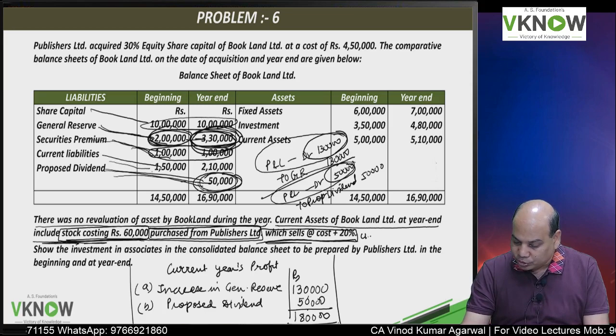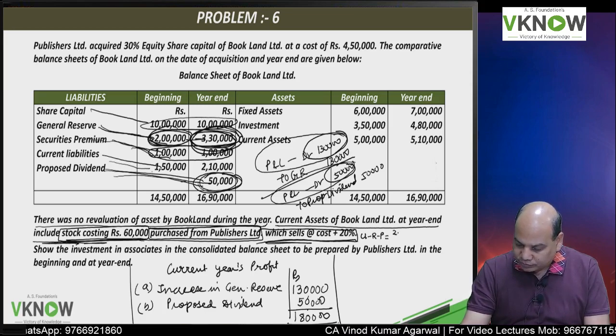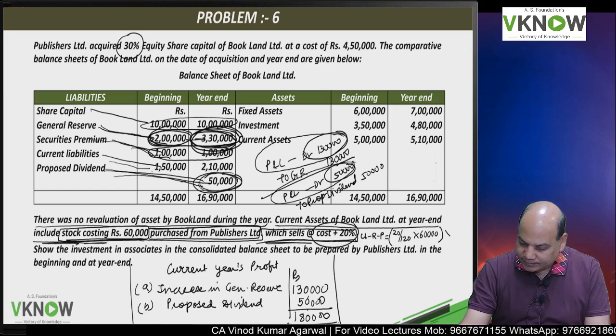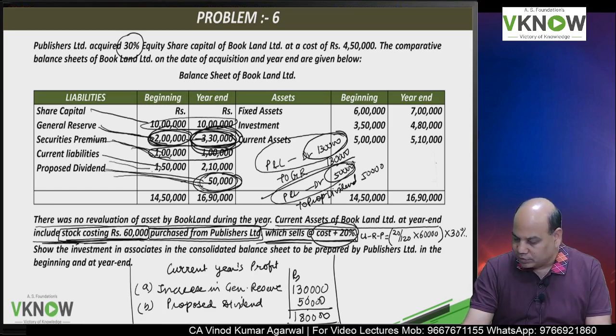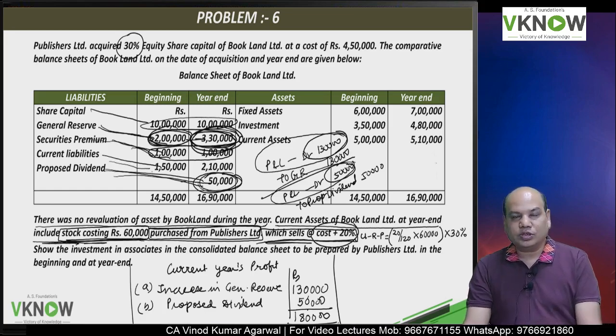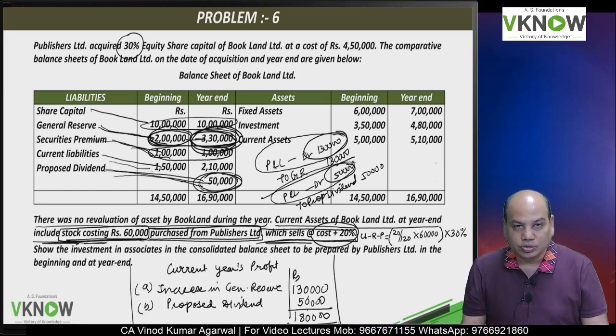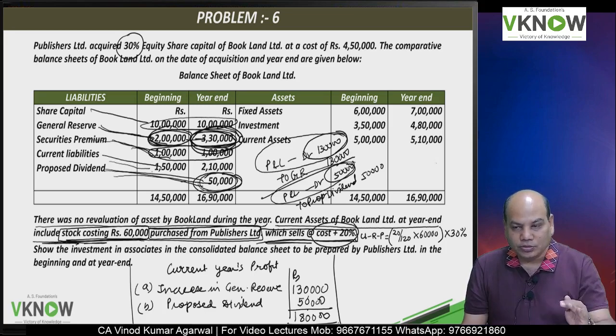So you need to compute unrealized profit: 20 by 120, because it is cost plus 20%, into 60,000, and your share is 30%. So multiply by 30%, and to the extent of unrealized profit, investment carrying amount will be reduced.